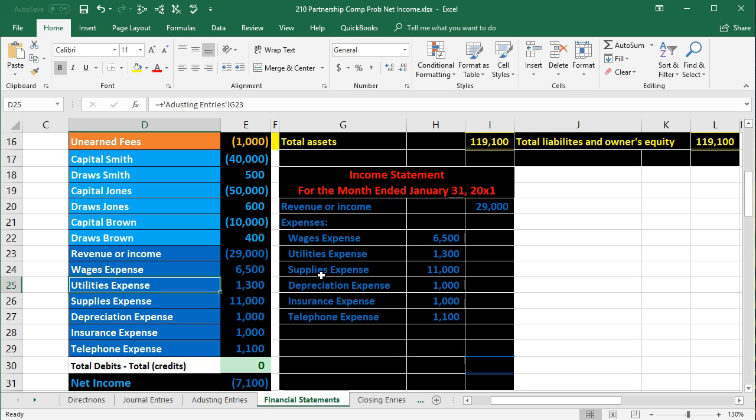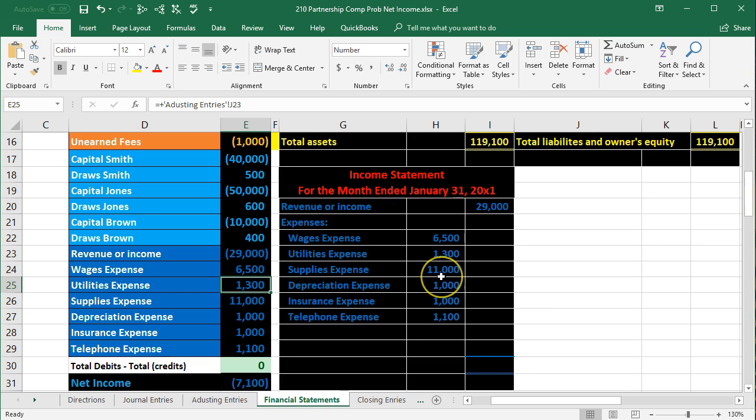So note that when we move over to the income statement, we're going to include all these numbers. So in other words, the total should be 21,900, but we may group them a bit differently depending on our needs and how we treat our trial balance as opposed to how we treat our income statement for decision-making purposes.